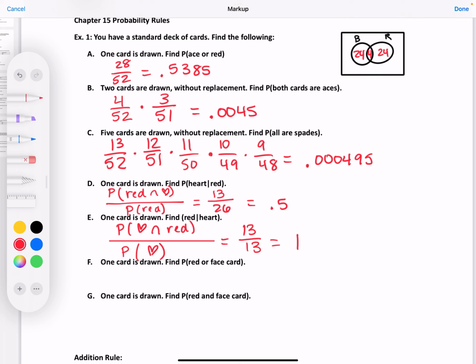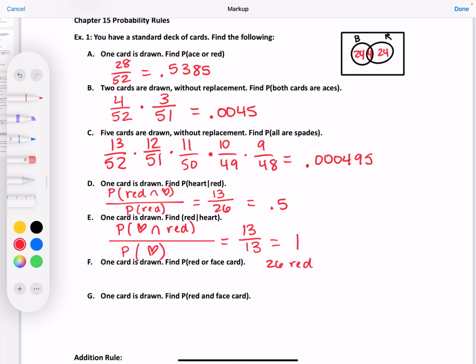All right, the next one. One card is drawn. Find the probability that it's red or a face card. So that's like the Jack, King, Queen. So you want all the reds and then the Jack, King, and Queen for the other two suits. So there are 26 total red. And then, well, there's 12 total face cards.